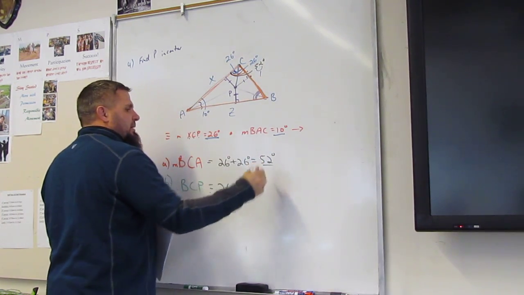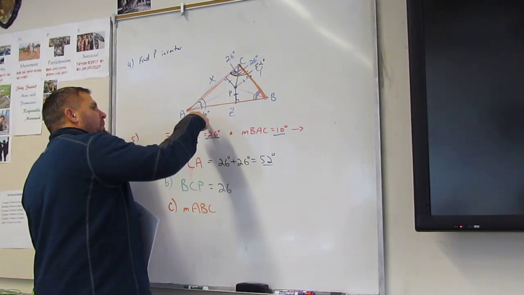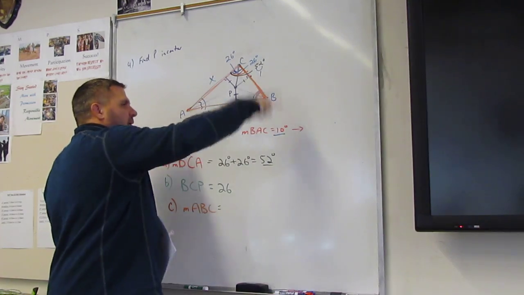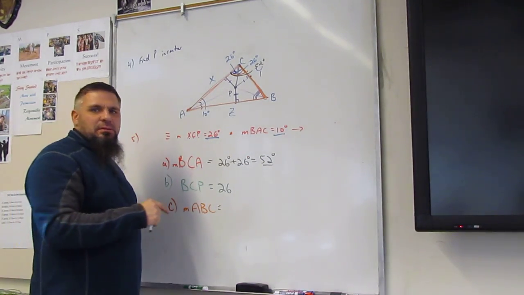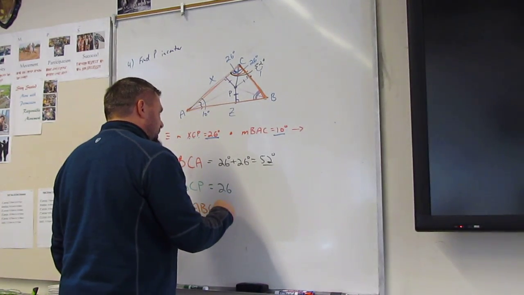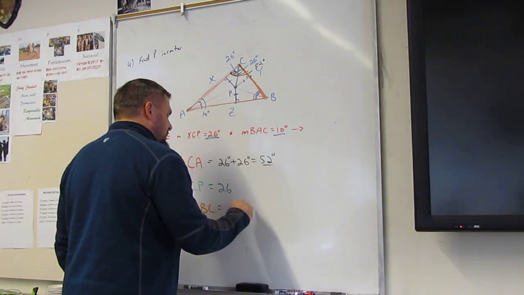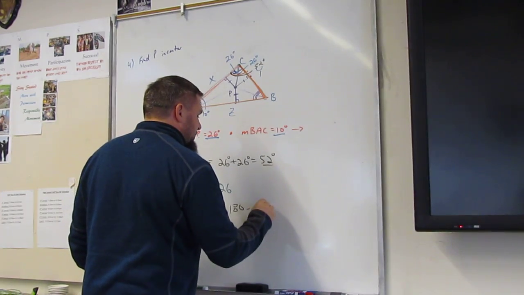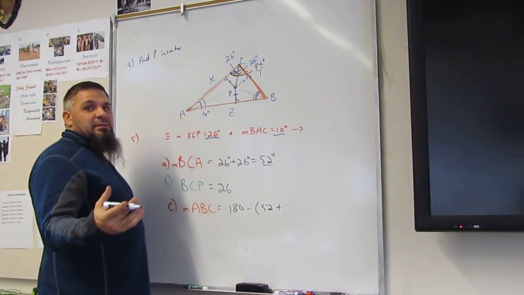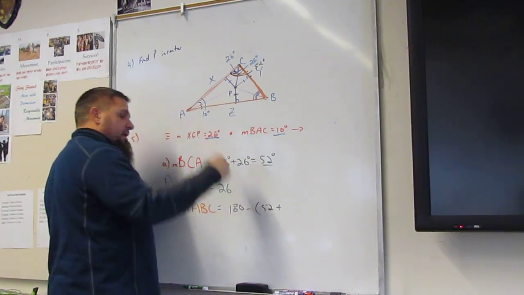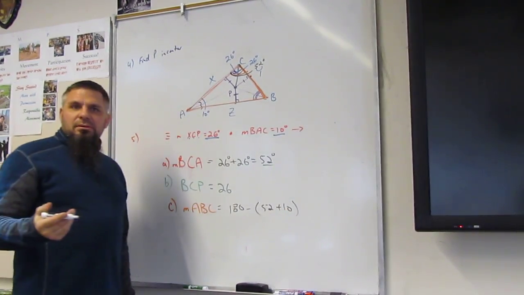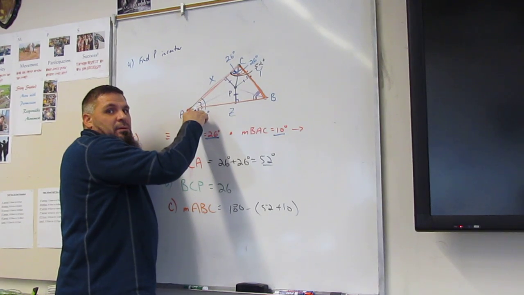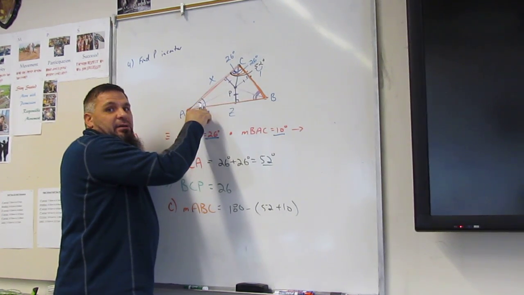We found that right here. Okay? We know that this is 10. Well, they all add up to be 180. So it would be 180 minus the quantity of 52 plus 10. Why would you add 10 more? Because 52 plus 9 is 62. Because they all add up to be 180, right?